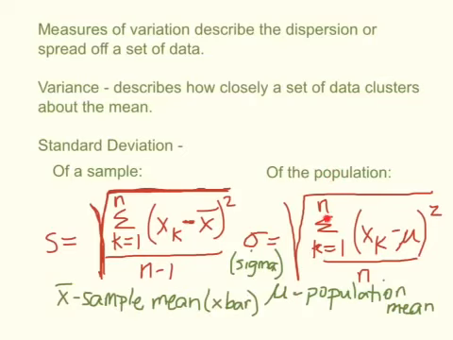And again, we take the sum of all of the numbers subtracted from the mean, squared, divided by the number of numbers. In this case, x bar, and that's the way you pronounce it, x bar, is the sample mean, and mu, which is a Greek letter, mu is the population mean. Standard deviation and variance will describe how spread out the data is.